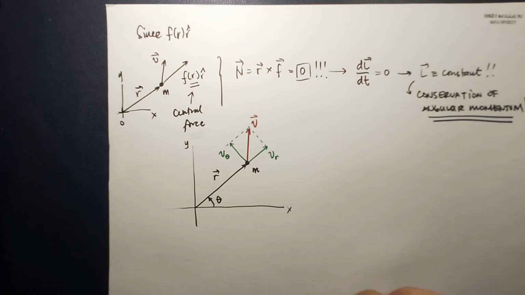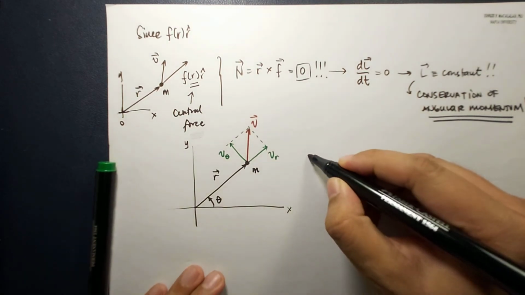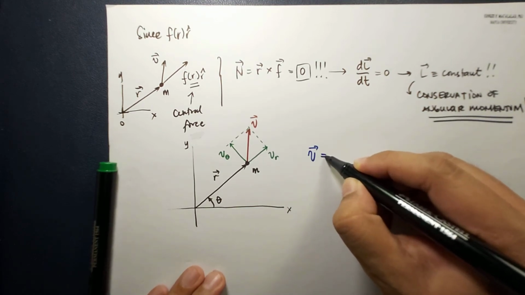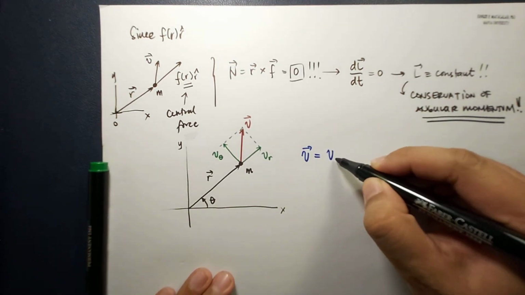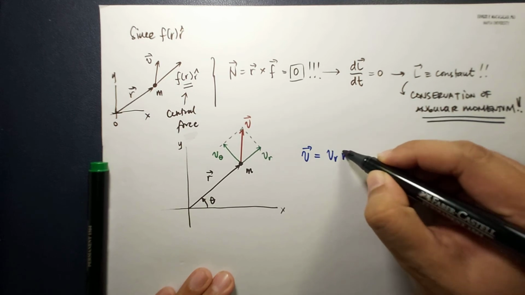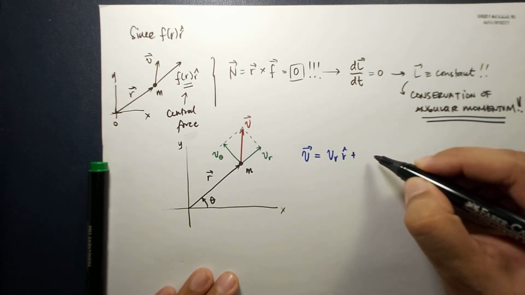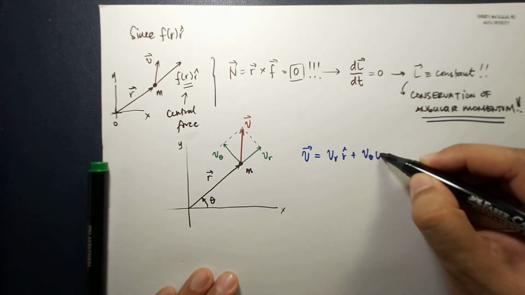Okay, so because of this, we can now define the velocity vector. The velocity vector will now be equal to V_R r hat plus V theta theta hat.